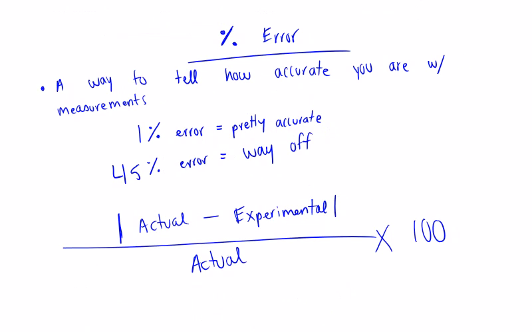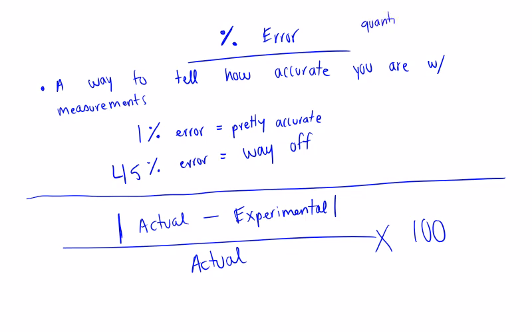So again, maybe pause the video and copy what's on the screen, and then listen to me talk, okay? So percent error is a way for us to measure or quantify how accurate you are with measurements. So quantifying something, if you ever hear that, that means you're going to have a value of some sort, a quantity.